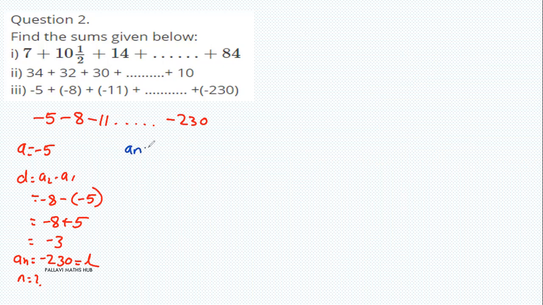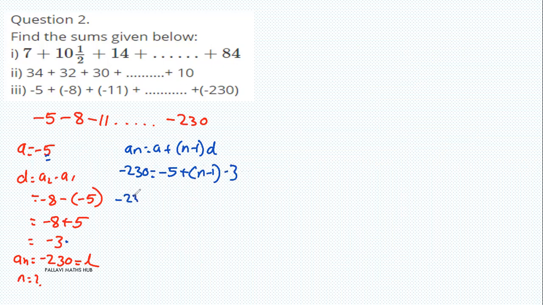So first An is equal to A plus N minus 1 into D. The value of An is minus 230, is equal to the value of A, which is minus 5, plus N minus 1 into D, which is minus 3. I'm substituting here.